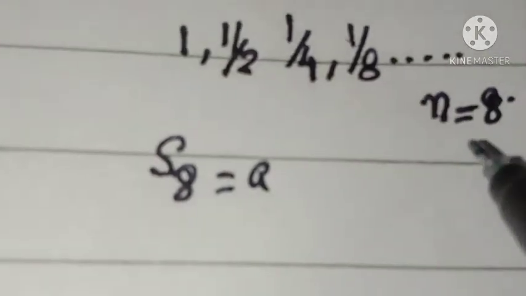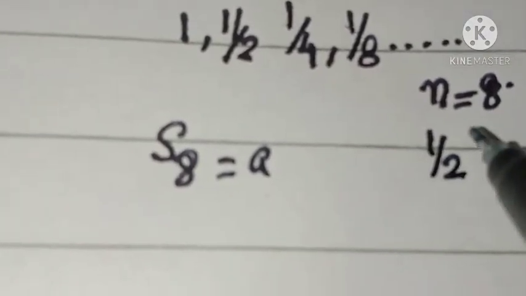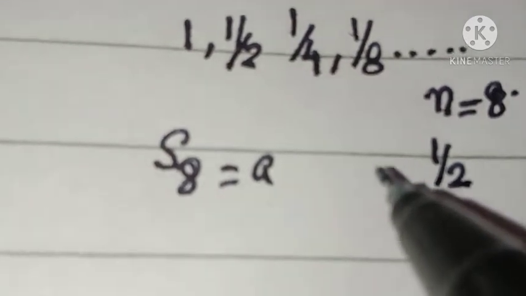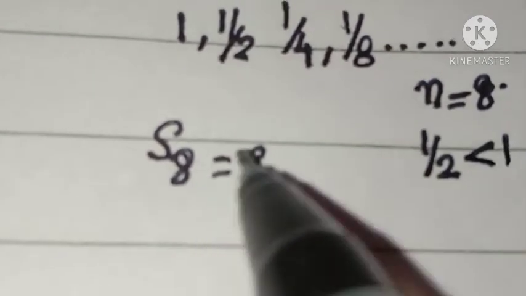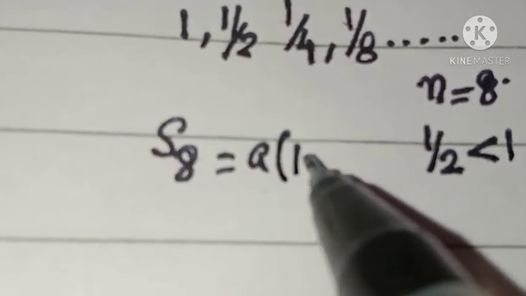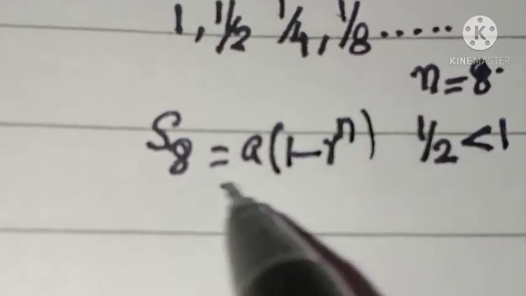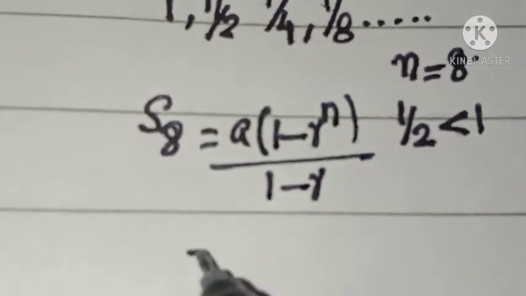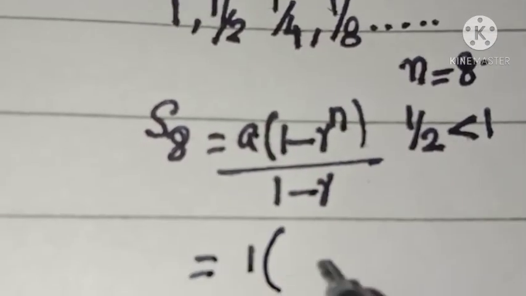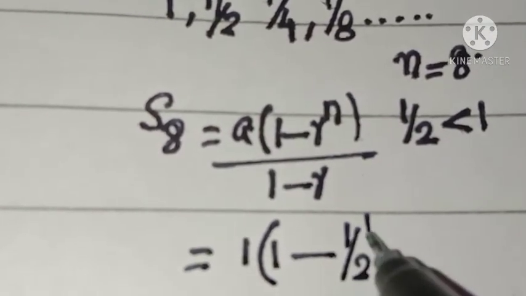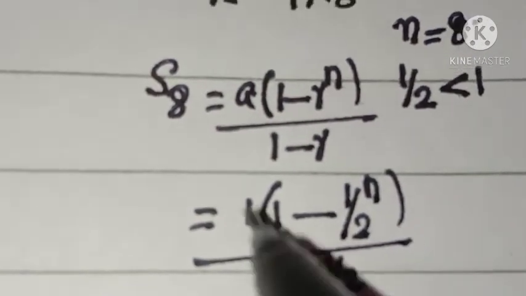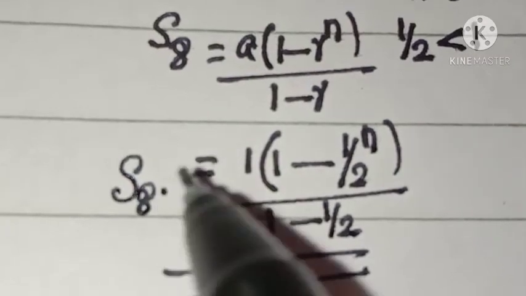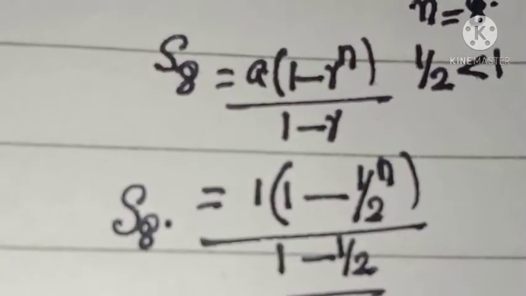What is the common ratio? 1 by 2. Okay, 1 by 2. So the common ratio is less than 1. Therefore use the formula A into 1 minus r raised to n by 1 minus r. So A means the first term, 1 minus 1 by 2 raised to n by 1 minus 1 by 2. So this is the sum to n terms, 8 terms, of a GP.